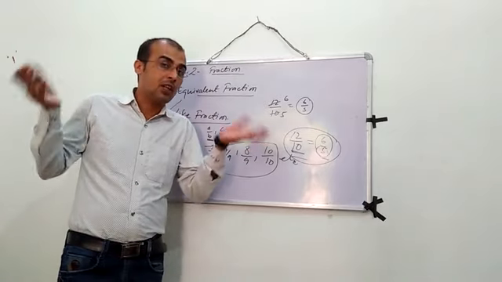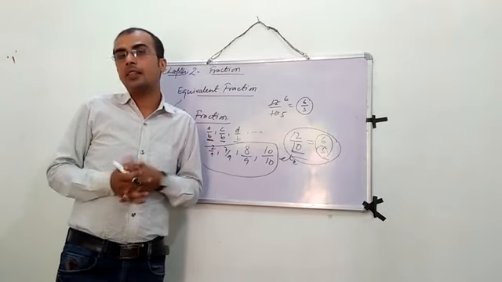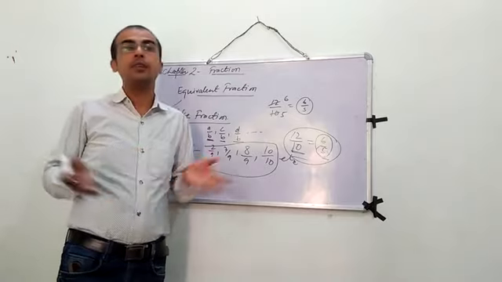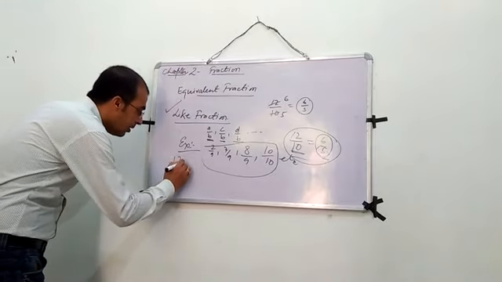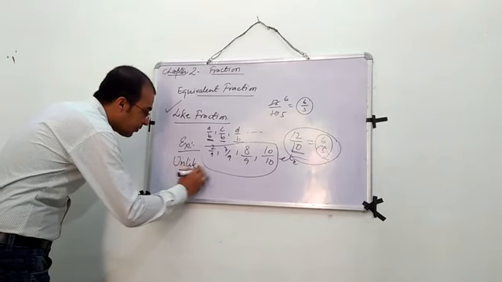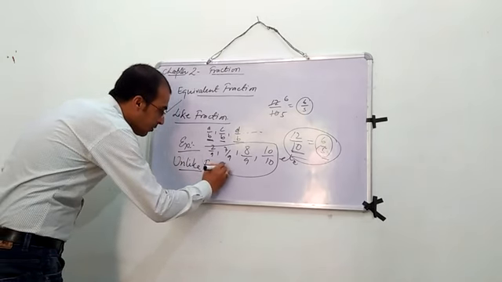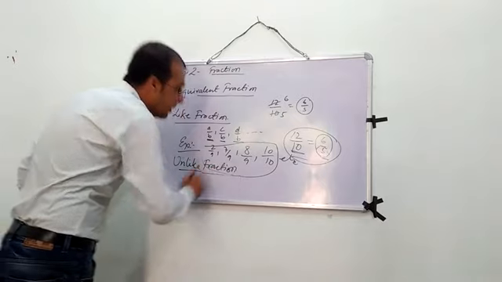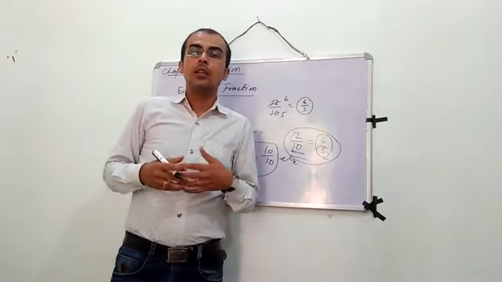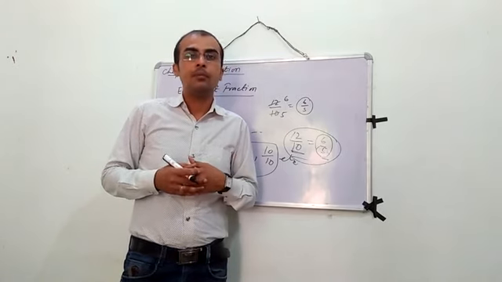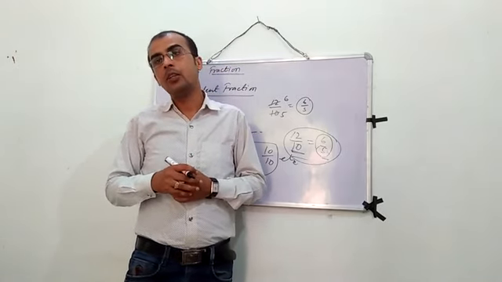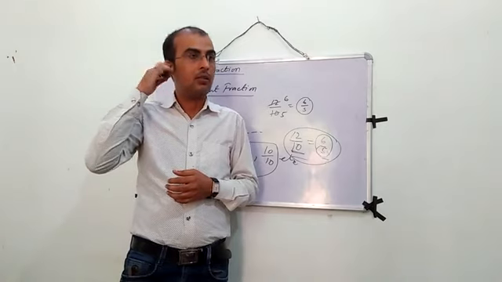If the denominators are not the same, then we can say that the fraction is said to be an unlike fraction. It means in fractions where the denominators are not the same, those fractions are said to be unlike fractions.